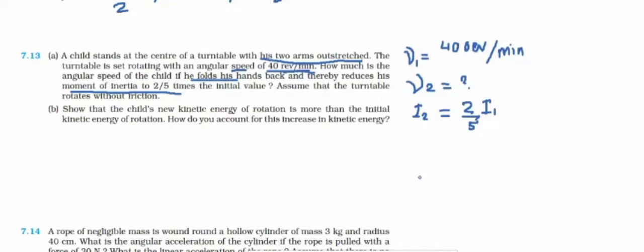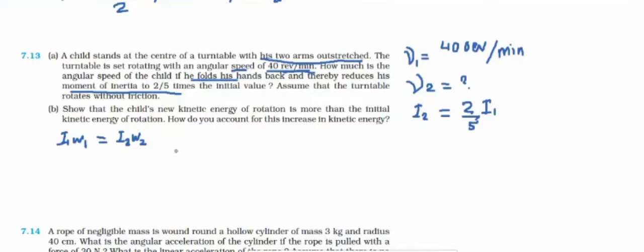So what you have to do? Here there is no external torque, so you can apply conservation of angular momentum. So I1 omega 1 is equal to I2 omega 2. Now the relation between I1 and I2 is already given.